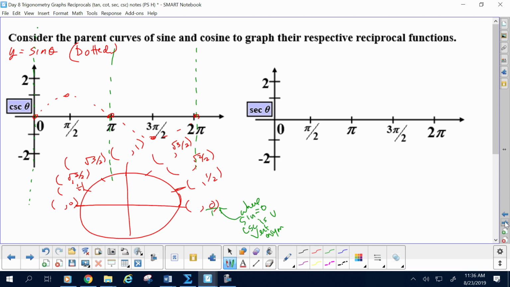Let's go in here. What about at 30 degrees, so pi over 6? The sine is 1/2. What's cosecant? 2. So here it's 2. And what's the cosecant of pi over 4? Remember the value?